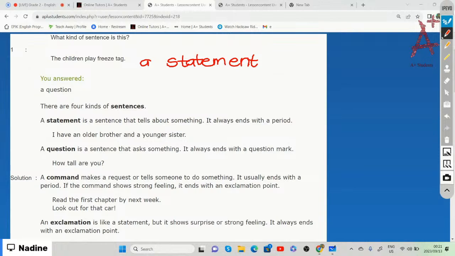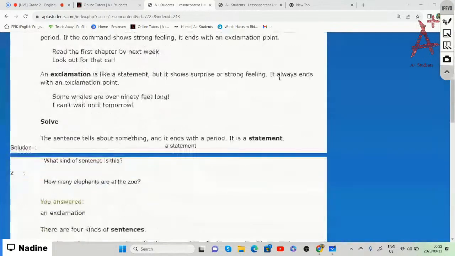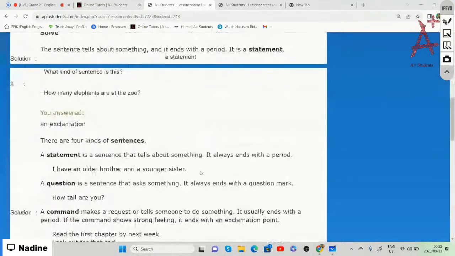So it is a statement. And we see that the statement ends with a period.